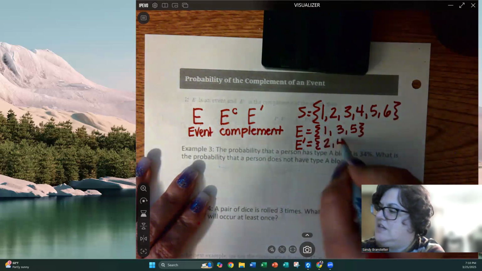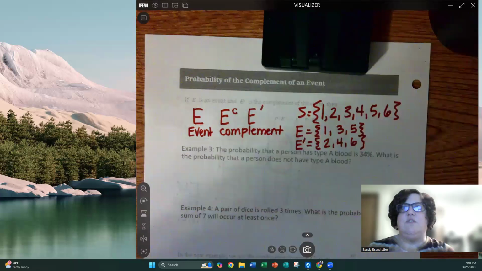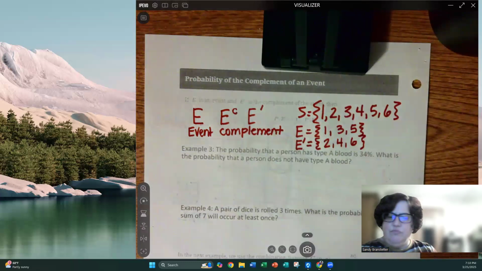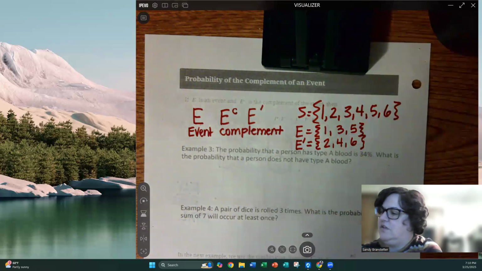So in this case, that would be 2, 4, and 6, the even numbers. The complement is everything else.